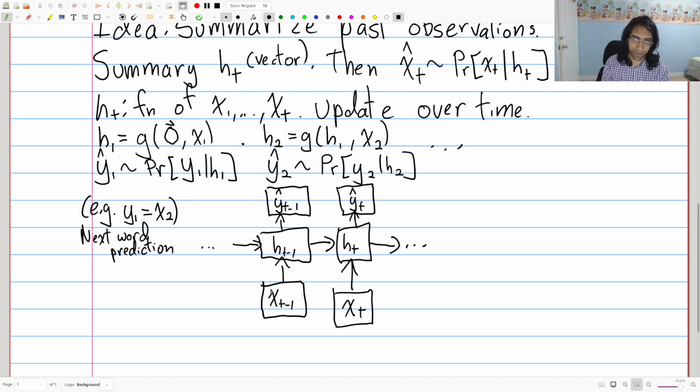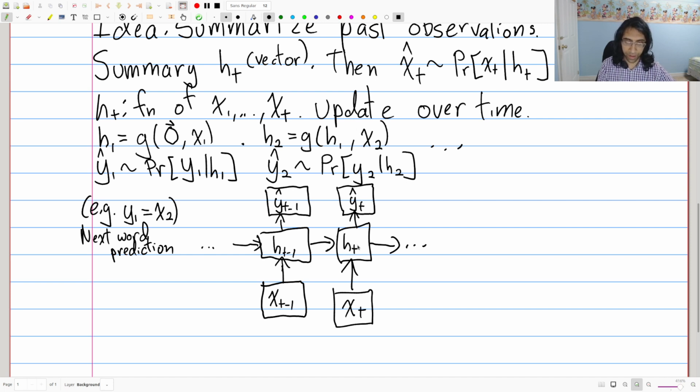At each time step, when you feed something in, how does the information flow? This input goes into this hidden state. This hidden state is a function of two things: the input as well as the previous hidden state.